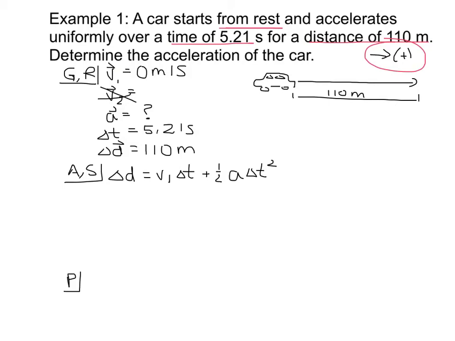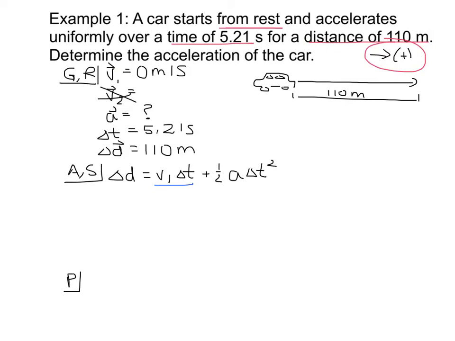Okay, so right now the equation is set equal to the distance, and we are looking for the acceleration. So we're going to have to do a little bit of rearranging here. We're trying to isolate for acceleration. So I want to start out by moving this v1 times delta t to the other side, because that's not so helpful at the moment.